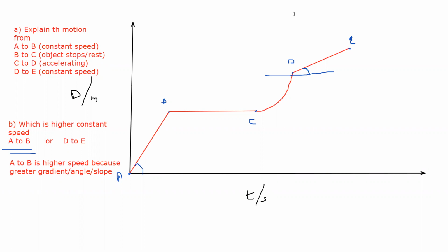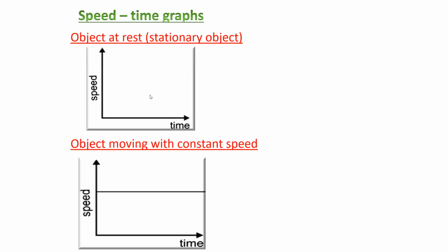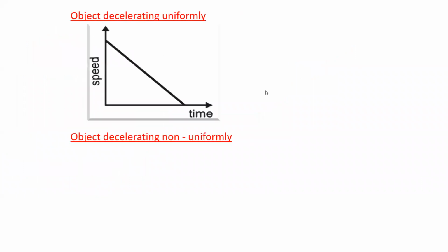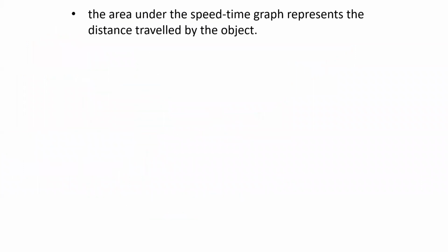So this is about the distance time graph. Then the second type of graph is the speed time graph, but that we'll discuss tomorrow. Now we'll do some questions related to the distance time graph.